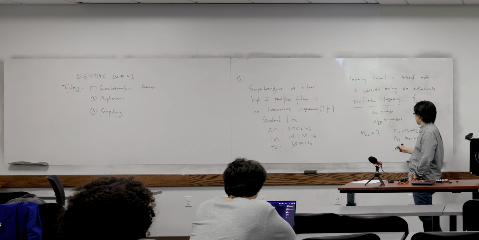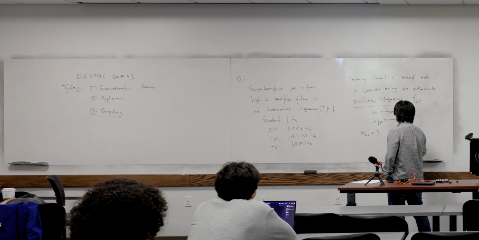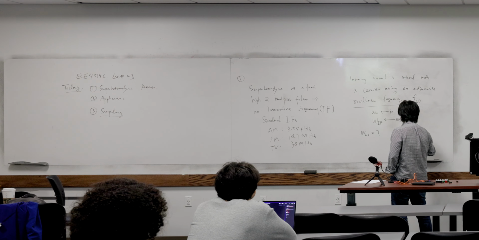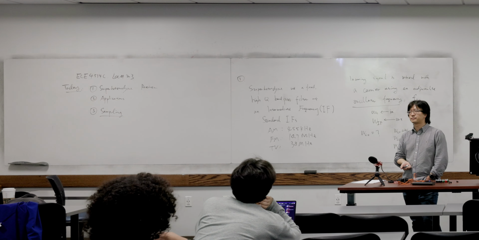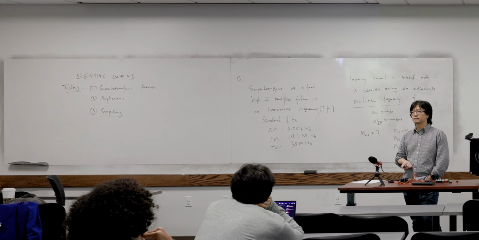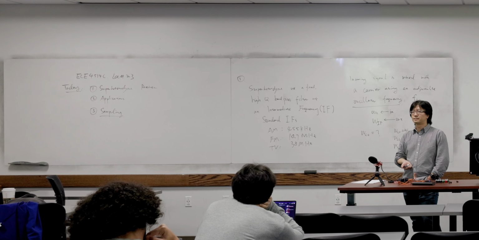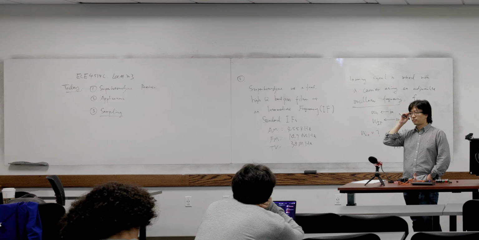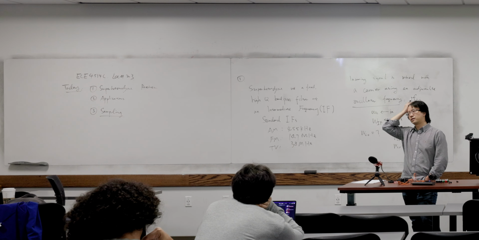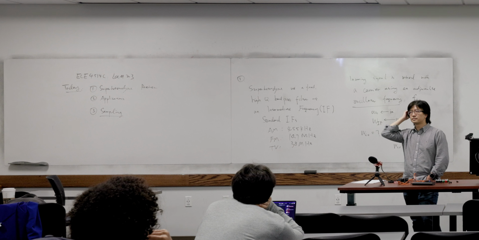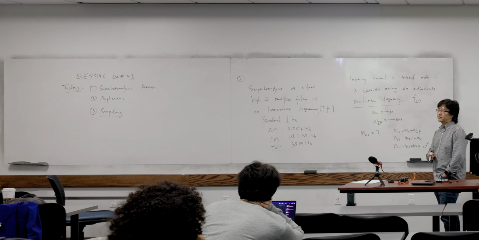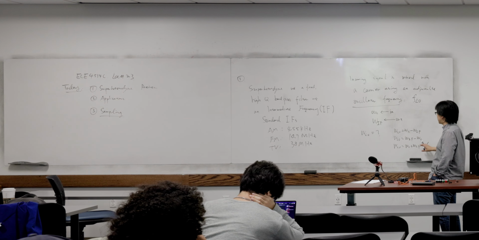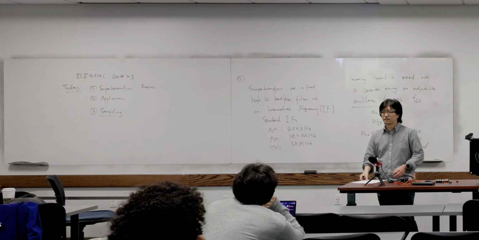Yeah, there are some other options. For example, if omega LO is, how about omega c plus omega IF? Would that work? Yeah, actually, let's analyze this one and see whether it works or not.